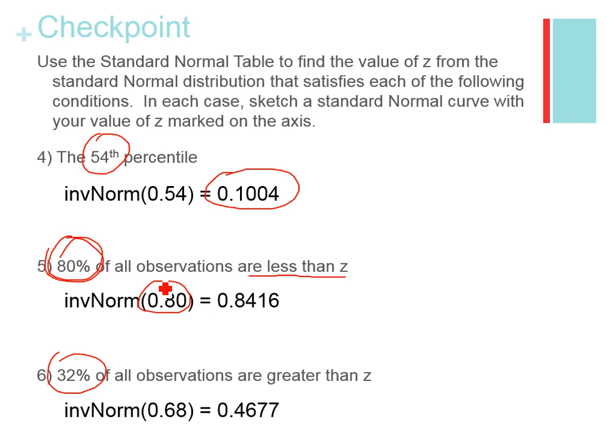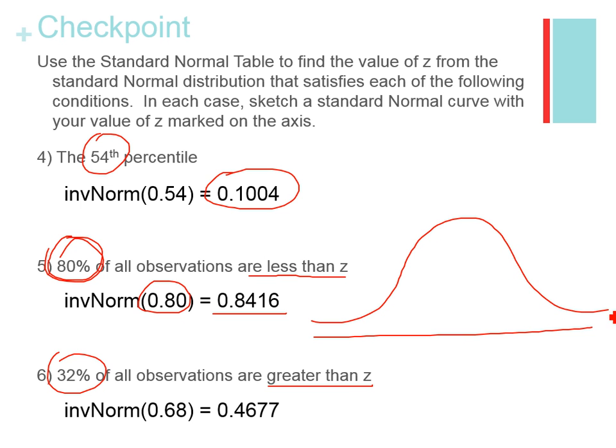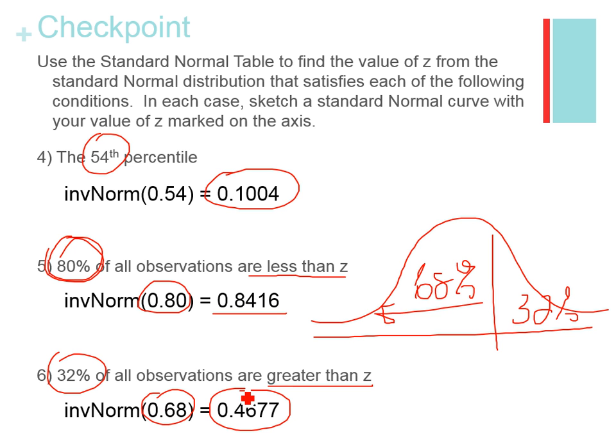If I did the inverse norm of 0.8, I get 0.8416. And then notice for number 6, it says greater than z. Just drawing this curve here real quick, if 32% of the data is here, that means 68% is going to fall below that value. So that's why I'm doing the inverse norm of 0.68, which gives you 0.4677.